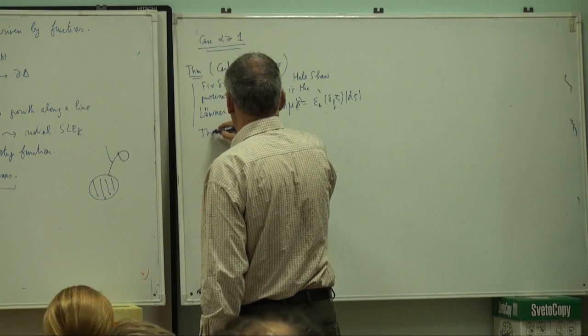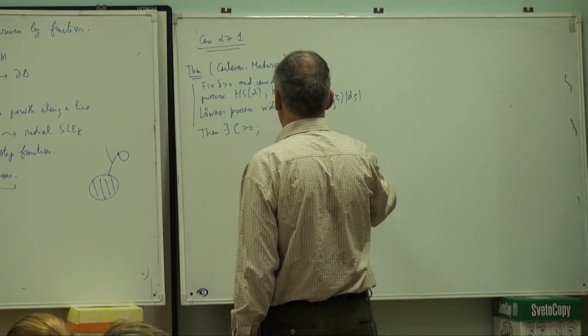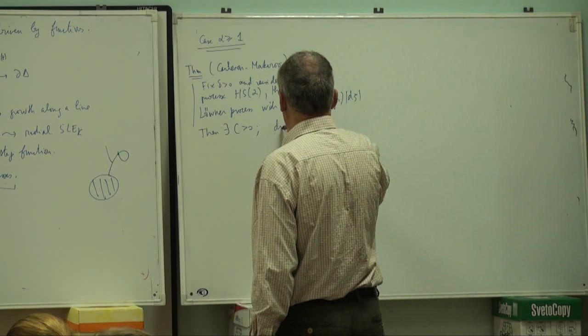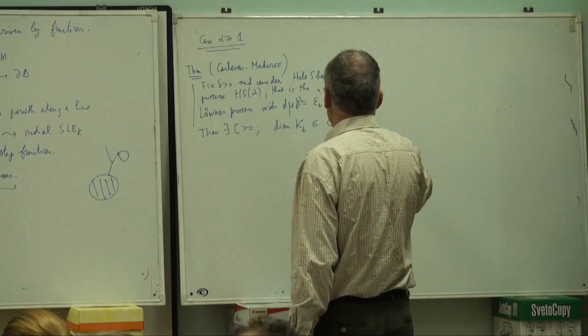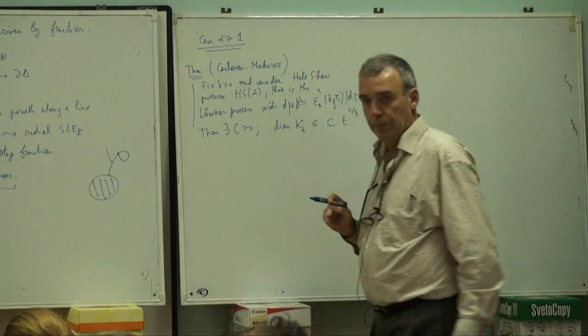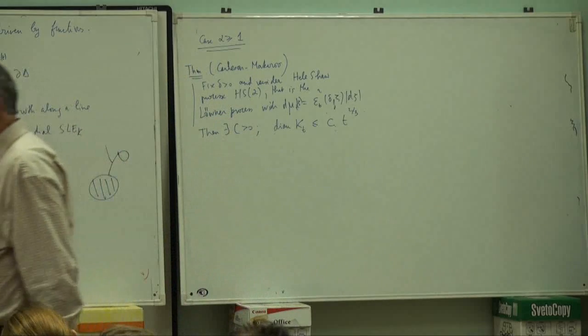Then there exists a constant c positive such that the diameter of Kt is less than a constant times t to the power 2/3. Okay, so which is exactly Kesten's estimate for Hastings-Levitov.